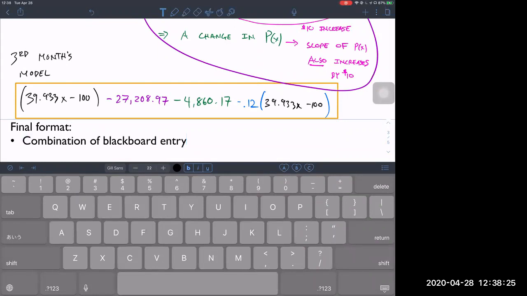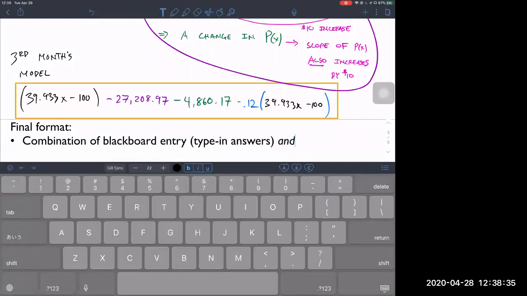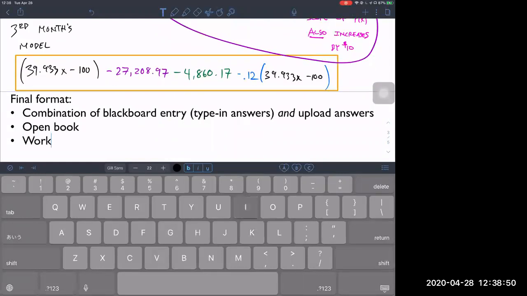You're going to type in answers and upload answers. Okay, obviously it's going to be open book, but you should be working solo.